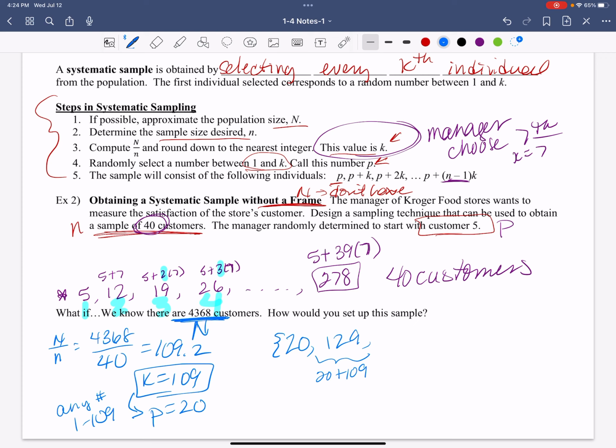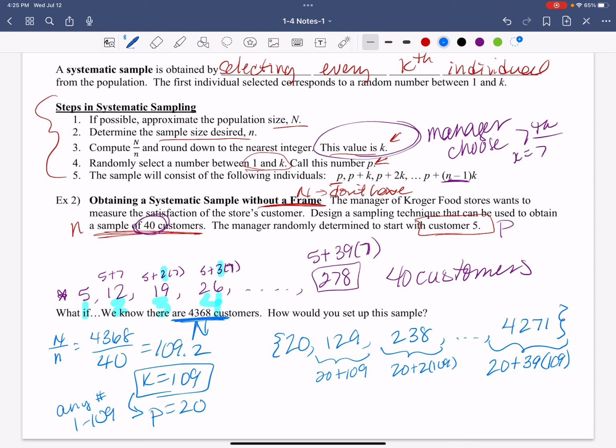Then my next one is 20 plus 2 groups of 109, and that will be 238. Do you see where we're going with this? So if I want customer number 40, I do 20 plus 39 times the amount that's in my group.